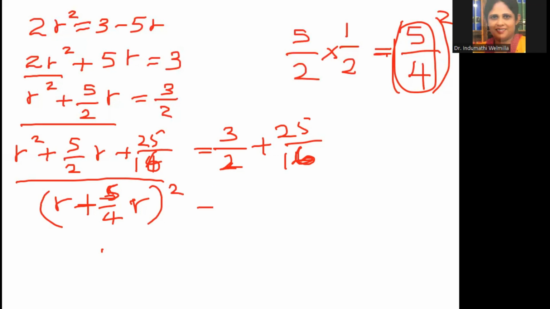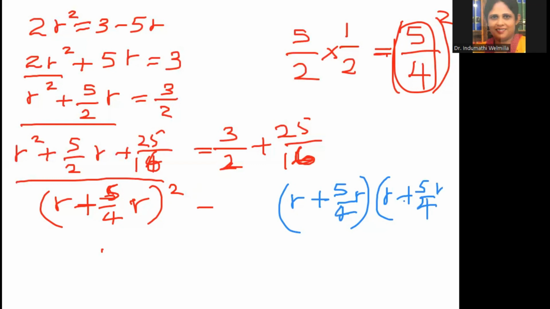Then you can check, right? With this, I will explain further. The next bracket is also r plus 5 over 4.